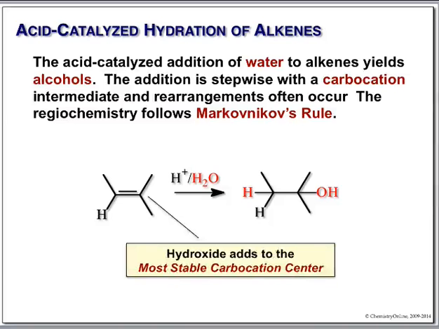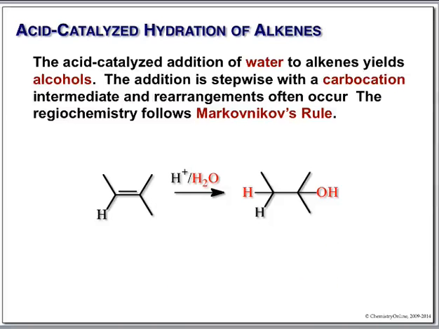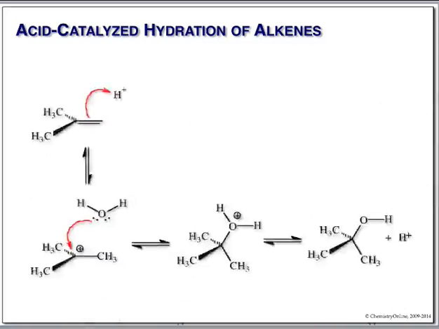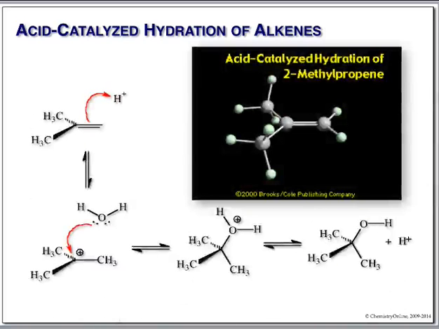We're going to add our proton first. Here we have a secondary carbon, here we have a tertiary. We're going to add the proton to give the most stable carbocation. Once we have that, hydroxyl group will add to the carbocation. Here's our alkene. This is going to pick up a proton to give the most stable carbocation.